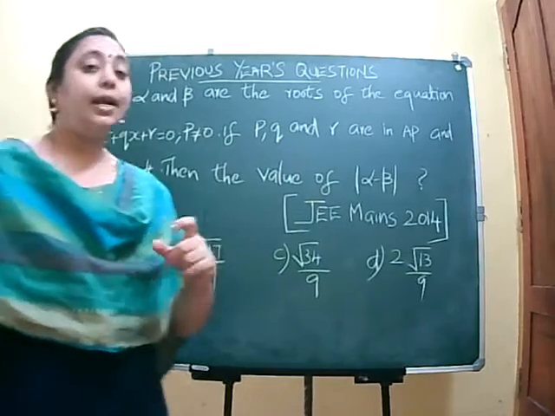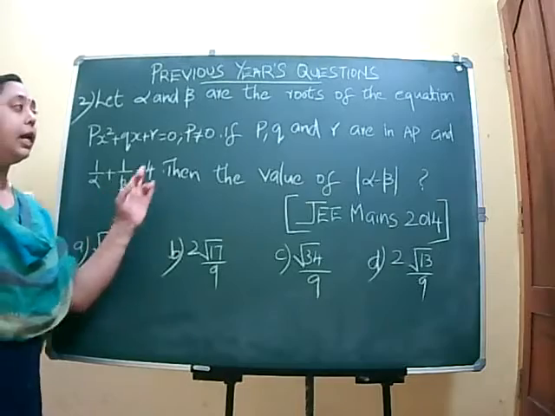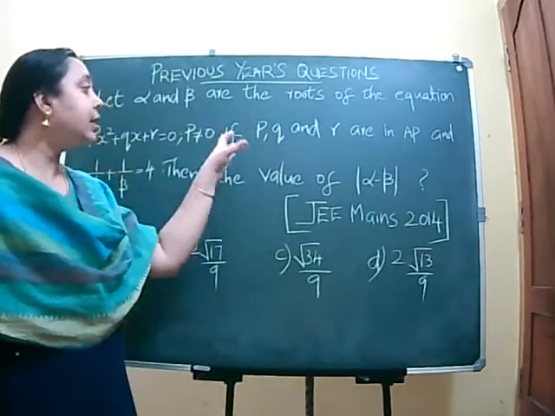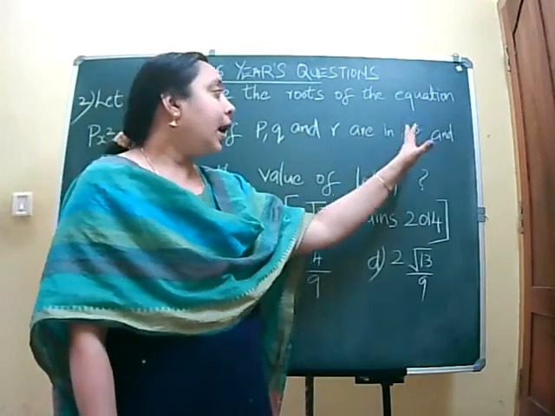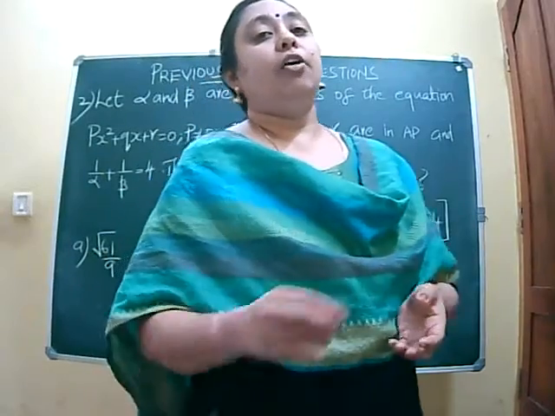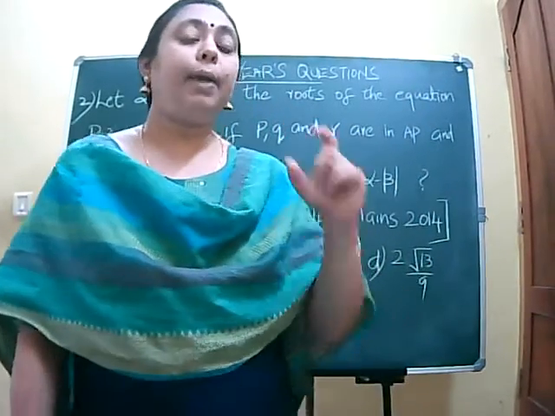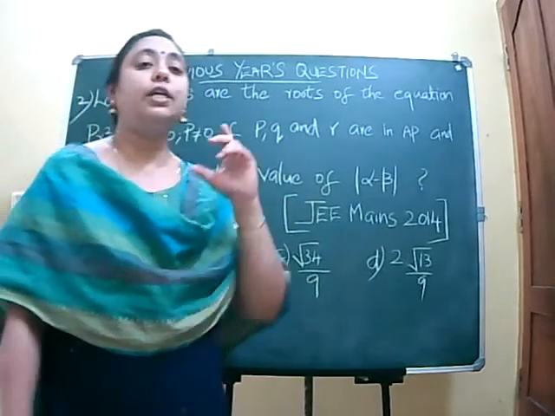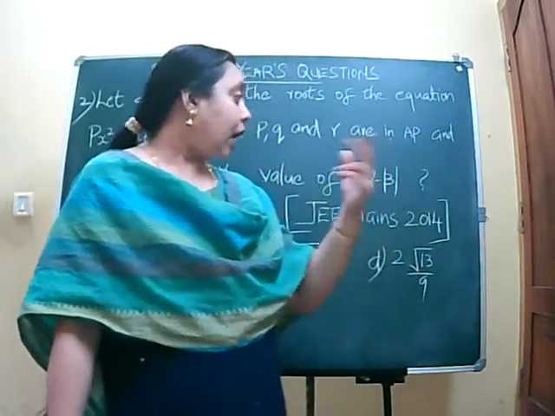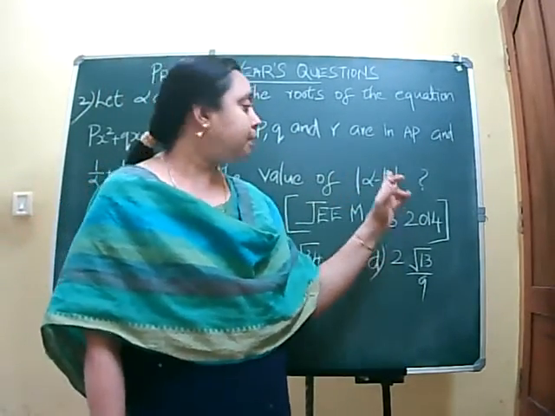Applying that condition, we find out the values of sum and product of the roots of the given quadratic equation. Then we have to find out the value of modulus of alpha minus beta.